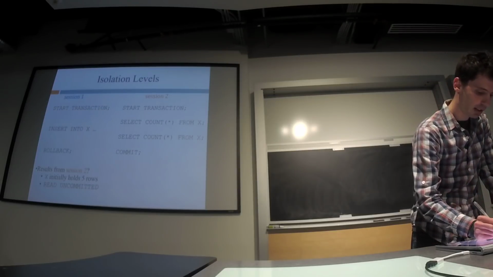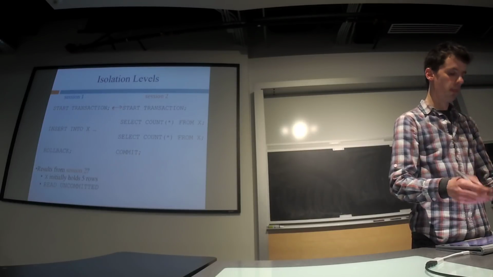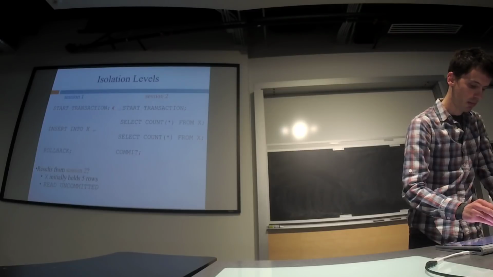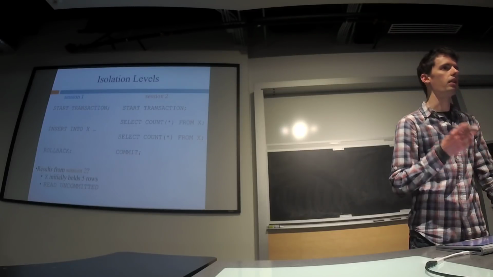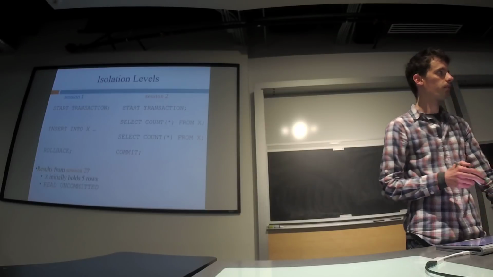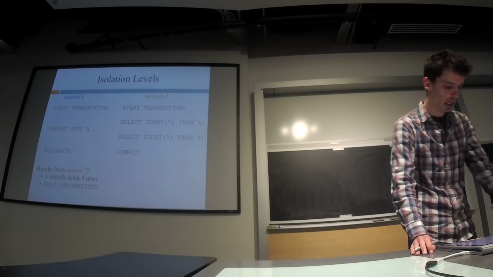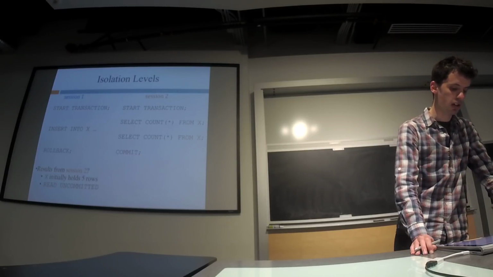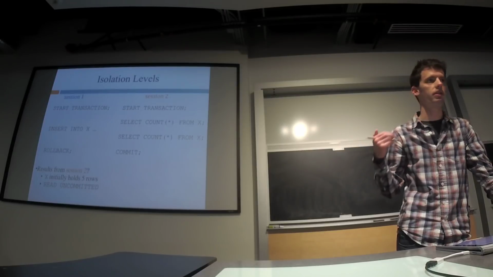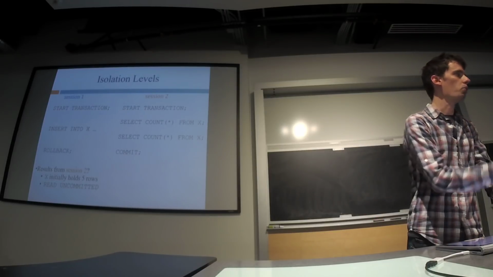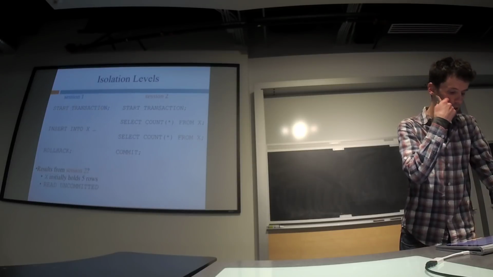If they're both on the same line, that means they issue that command at the same time. If one of them is above the other, that means it attempts to issue before the other. We want to know what is the result from session 2. Session 2 is going to be doing some selects, and we want the result of those selects.